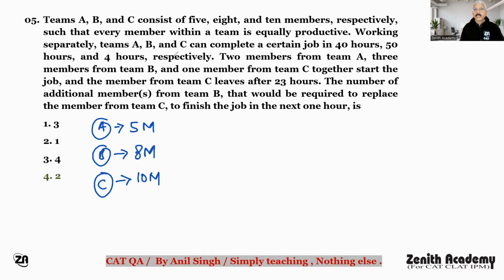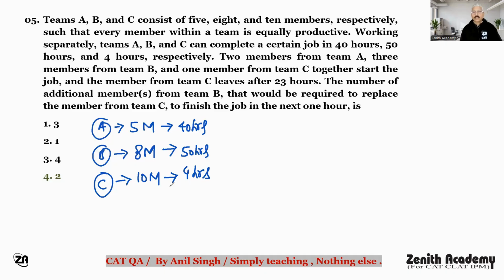Working separately, teams A, B, and C can complete the job. Team A can complete the job in 40 hours, team B can complete it in 50 hours, and team C can complete it in 4 hours.